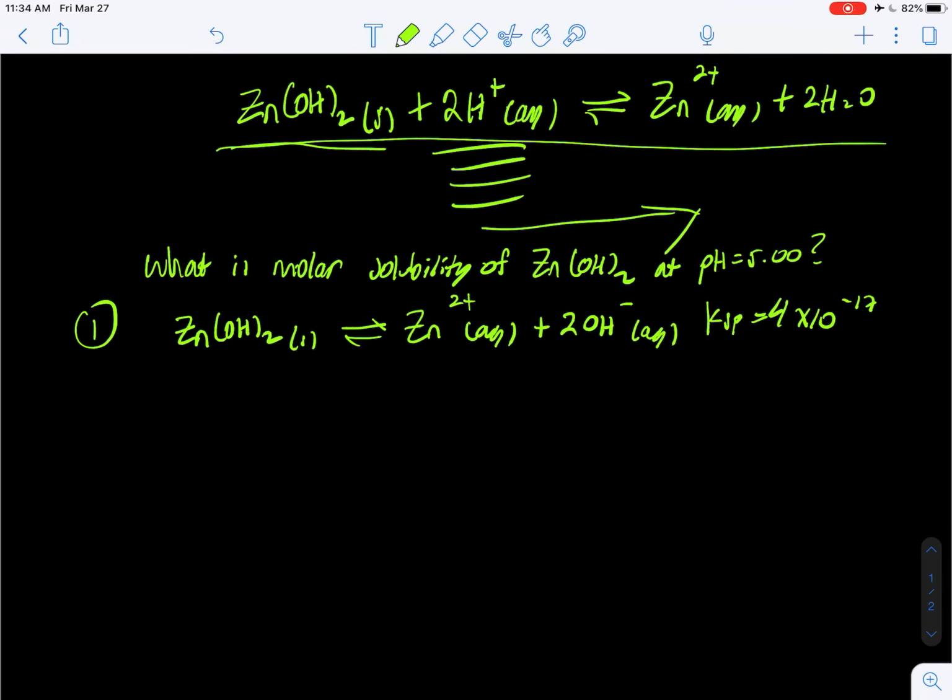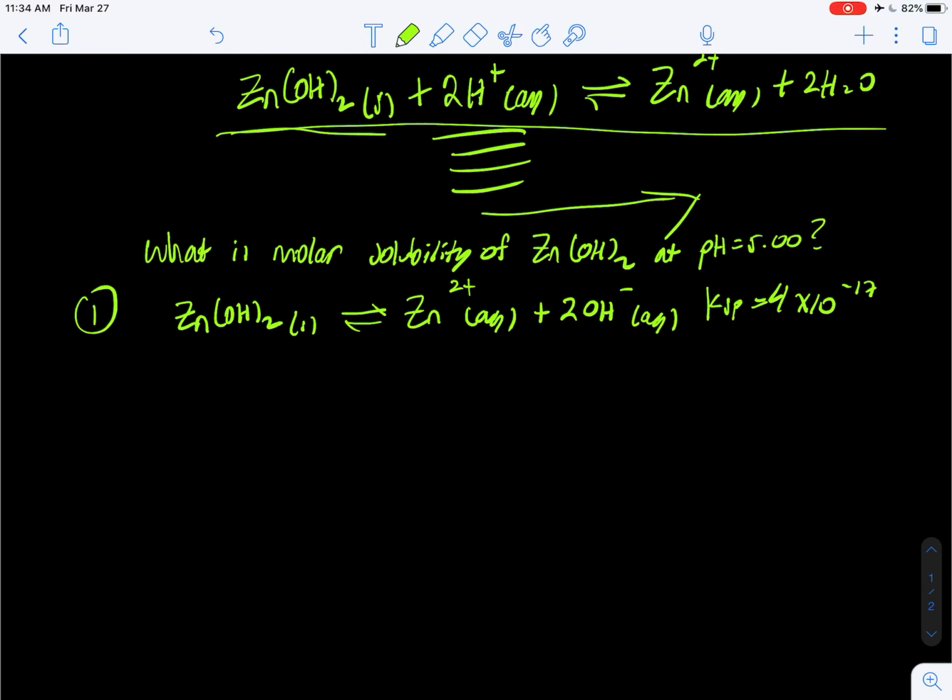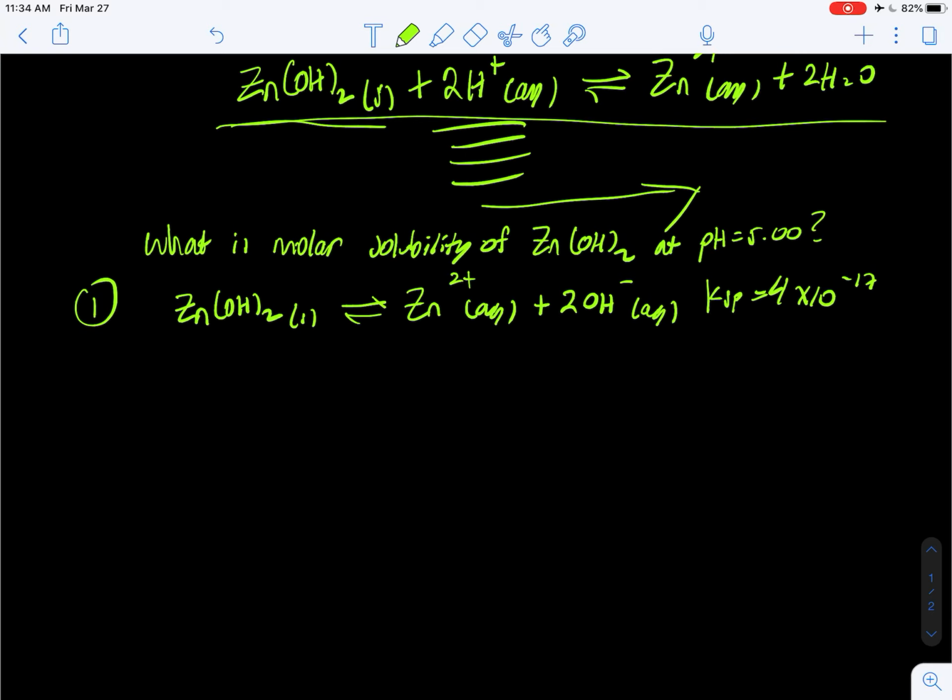This Ksp is much, much less than 1, so we say, generally speaking, in pure water, this substance virtually has no water solubility at all. Now, there's no H plus in this equation, but remember that H plus reacts with hydroxide to remove that from the right side of this equation, thereby pushing this reaction to the right.